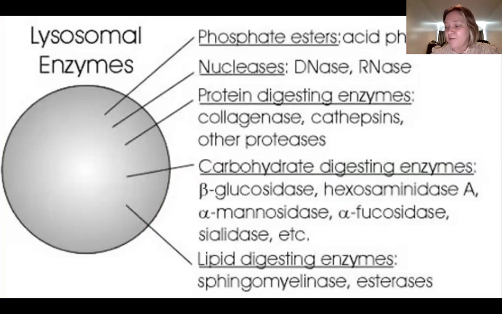So for phosphate esters, and again, you don't have to remember this, but I just want you to look at the name: acid phosphatase. Nucleases, DNase, RNase, protein digesting enzymes, collagenase, cathepsins, the "in" means protein, proteases, beta glucosidase, hexosaminidase, and so on, ASE.